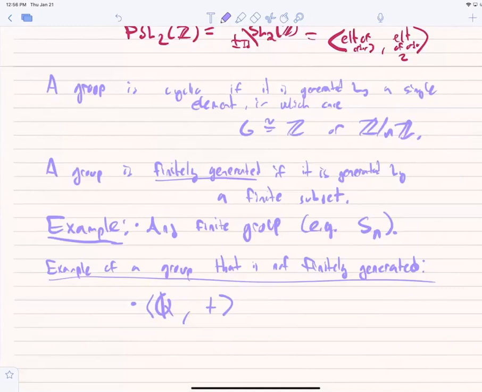So can someone else besides Sandra give a quick explanation for why this is not finitely generated? Okay, actually, so maybe let's take till 1 p.m., about 4 minutes, and everyone can think about this. Try and think about why this group is not finitely generated. So a clean argument.